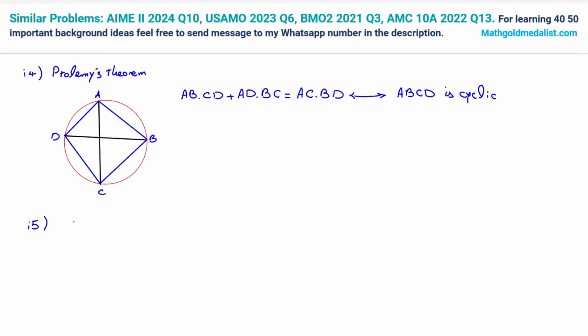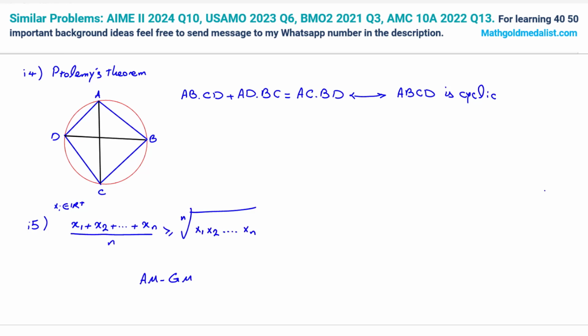It says, if x1, x2, to xn are positive real numbers, the arithmetic mean is greater than or equal to the geometric mean, the nth root of x1 x2 to xn. We call it the AM-GM inequality.